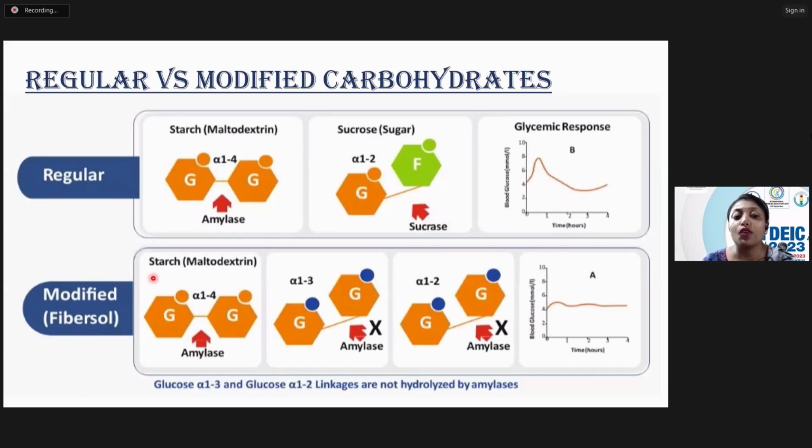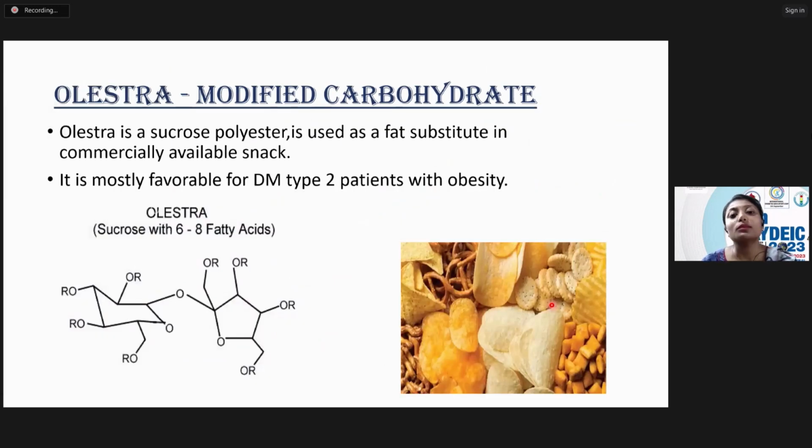But if we chemically convert the maltodextrin into new forms where the alpha-1,4 linkages are substituted with alpha-1,3 and 1,2 linkages, the amylase enzyme in our gut lining fails to break it. So it starts acting as fiber. Like that, the fiber will make sure that there is no direct glucose surge and there will be glycemic control.